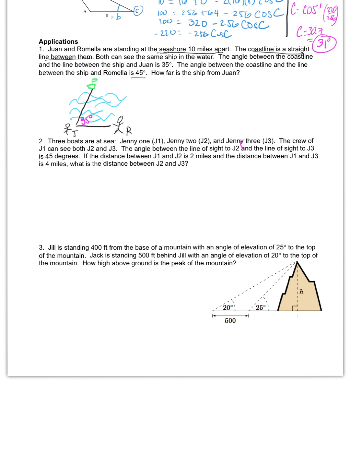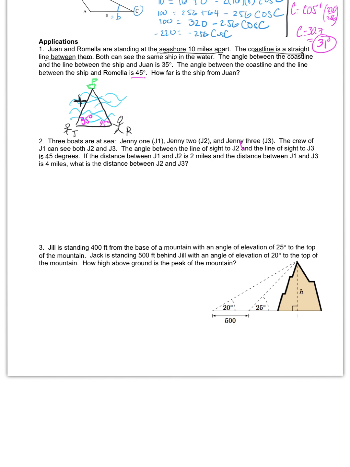So between them is 45 degrees, and we created our triangle here. Okay. And they want to know how far the ship is from Juan. So we are actually looking for this right here. This is what we want, x. X marks the spot.